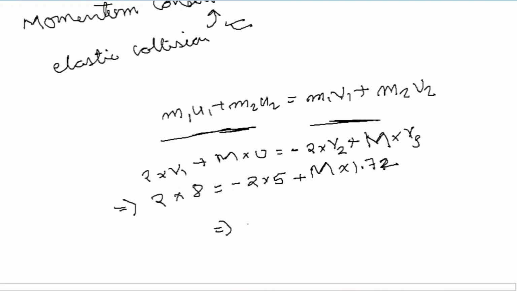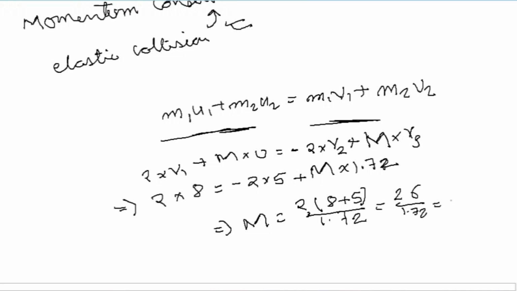So if we solve this equation, then capital M will be equal to 2 into 8 plus 5 divided by 1.72, which comes out to be 26 divided by 1.72, which is equal to 15.12 kg.